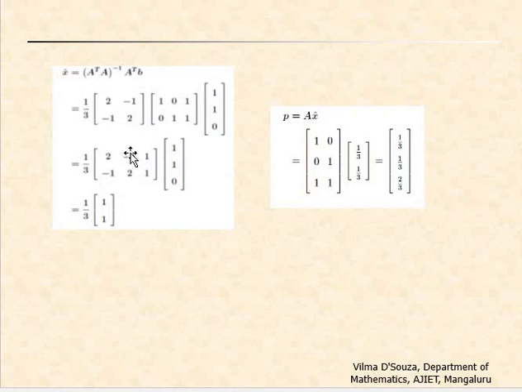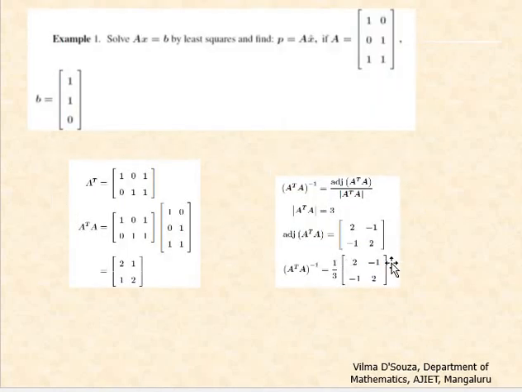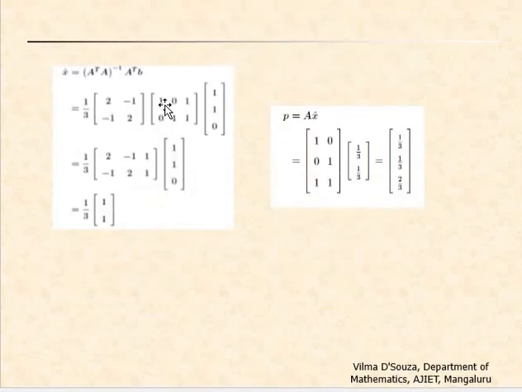This is your A transpose A inverse which you have found here, into A transpose, that is the matrix 1 0 1 0 1 1, into the given matrix B. B is 1 1 0.